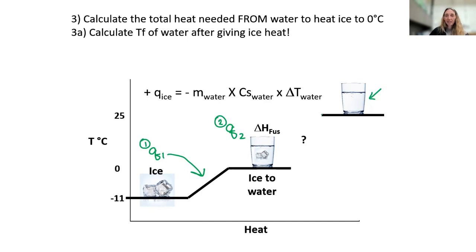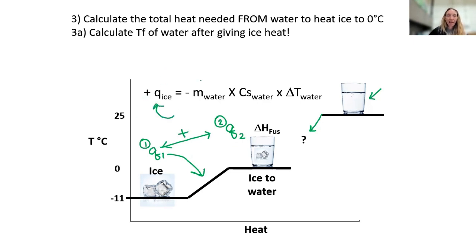And so this temperature is going to go down as the water gives the heat to the ice, okay? So my 1 and 2, we're going to add these together, and that's going to be how much heat the ice needs.